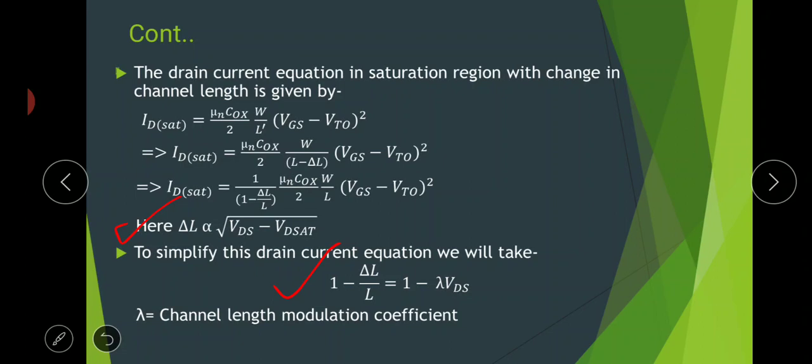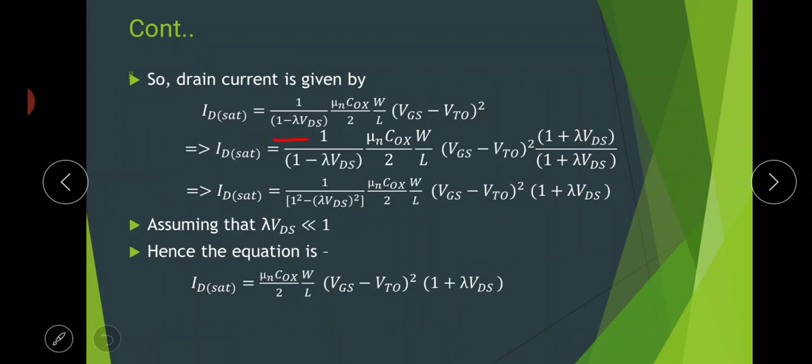Lambda is the channel length modulation coefficient. So in the next equation we substitute this value with this 1 minus lambda VDS. Here we substitute the value 1 minus delta L by L with this 1 minus lambda VDS.